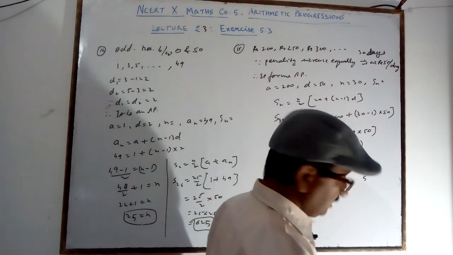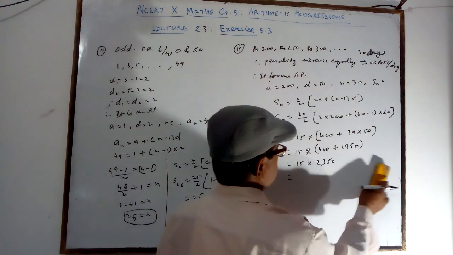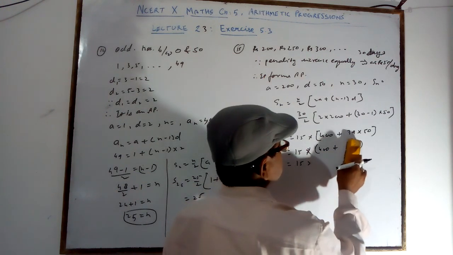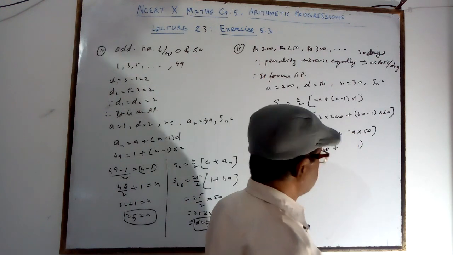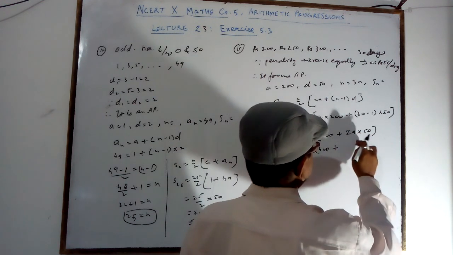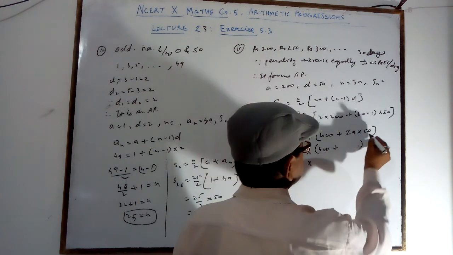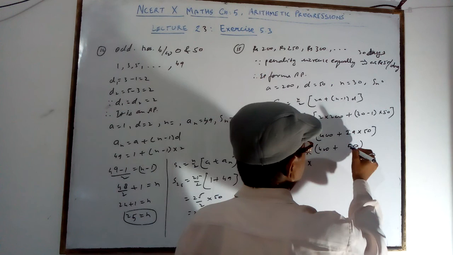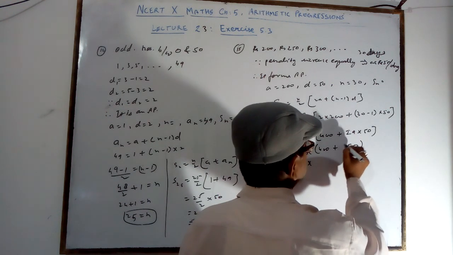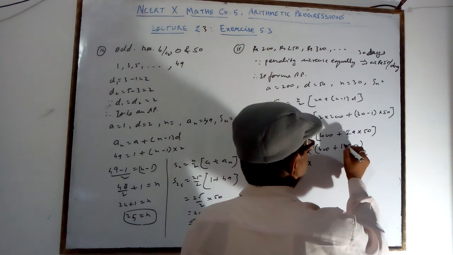One place I have written wrong. It is 29, not 39. 29 into 50 means 0, 5 9 ja 45, 5 2 ja 10 and 4, 14.